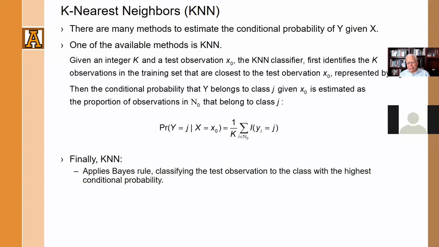What it does is apply Bayes' rule, classifying the observation to the class with the highest conditional probability. That's what the k nearest neighbor algorithm does. Now, this is a non-parametric approach. We don't make any assumptions about the distributions of the x's, the factors or independent variables.